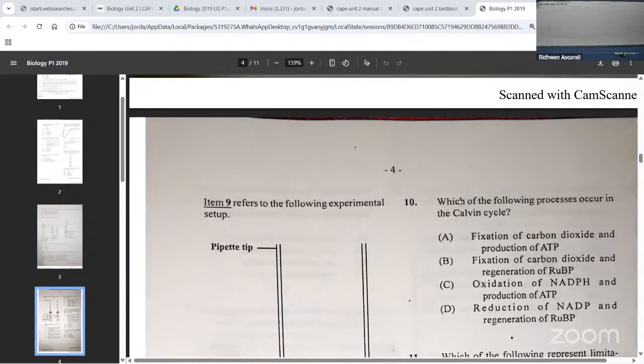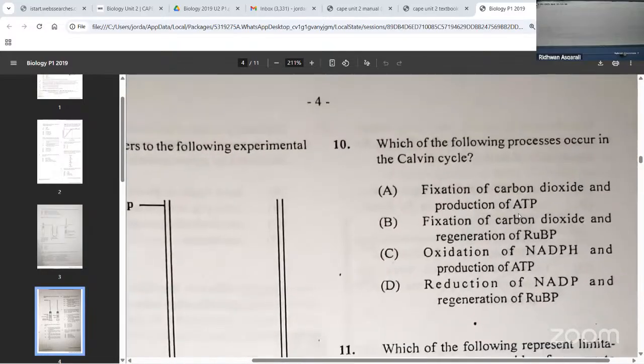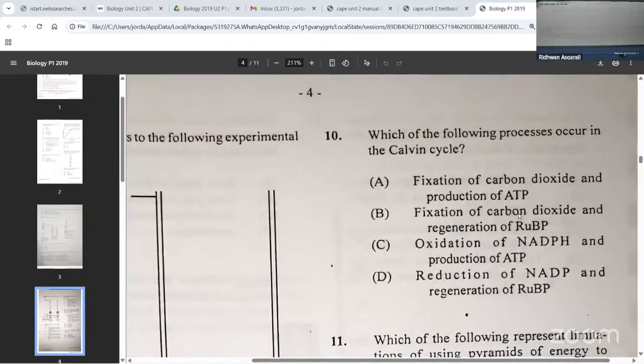Number 10, Sanjeev. Which of the following processes occur in the Calvin cycle? Which of these processes would occur in the Calvin cycle? So D is the reduction of NADP and the regeneration of RuBP.